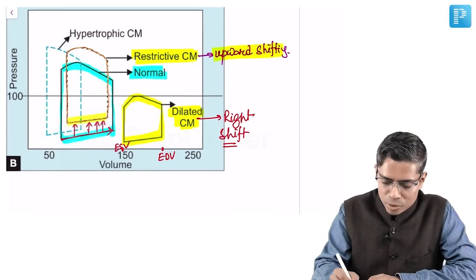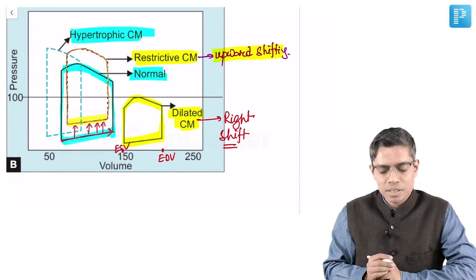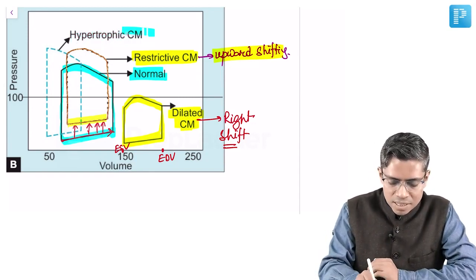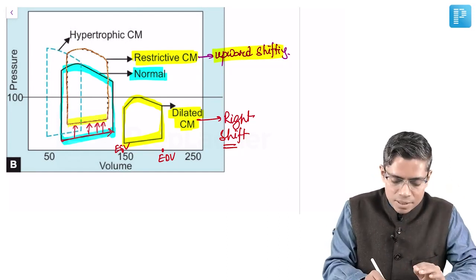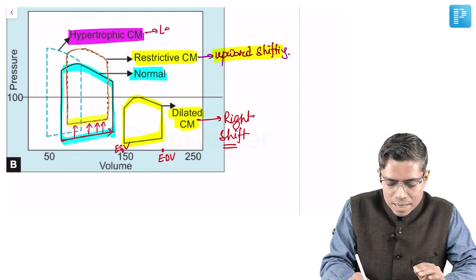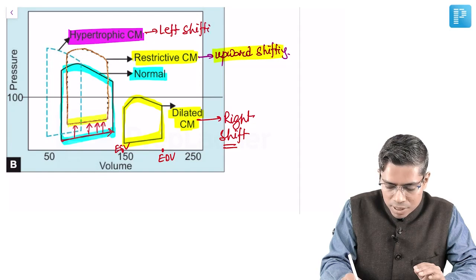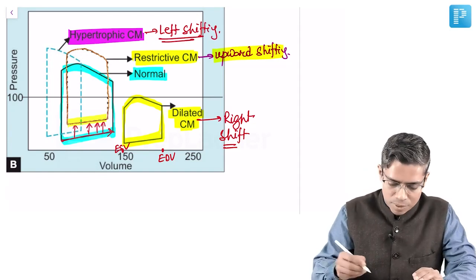And hypertrophic cardiomyopathy means we know there will be an increase in force of contraction, increased contractility. As we have seen earlier, that will shift the curve towards the left-hand side. So hypertrophic cardiomyopathy means leftward shifting of the PV loop. Although there is a little upward shifting also, the main shift is leftward.